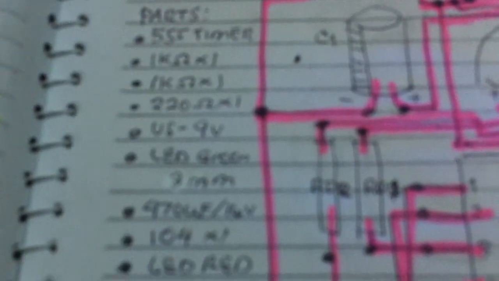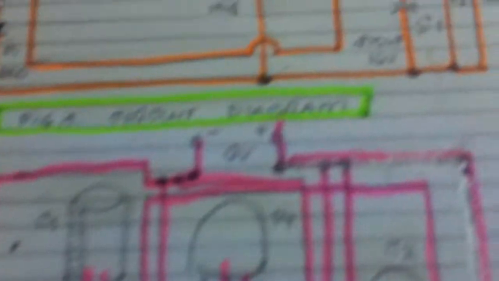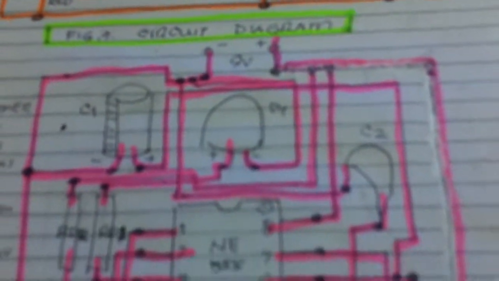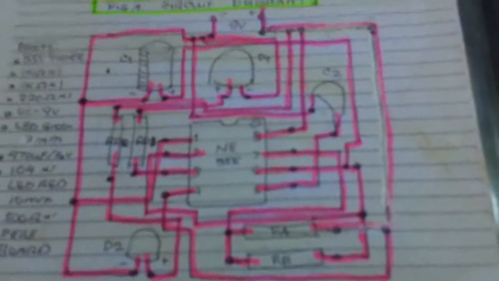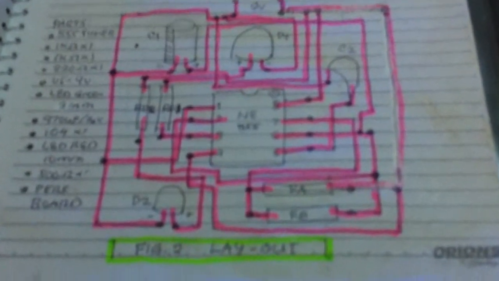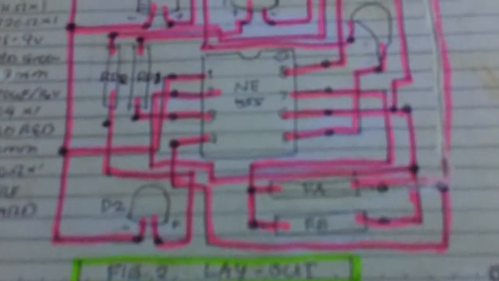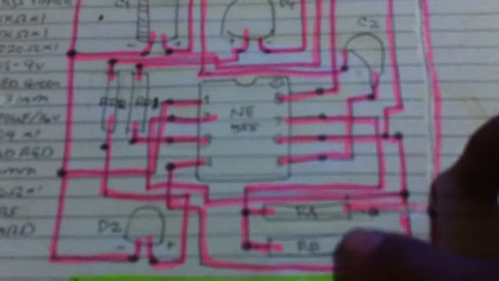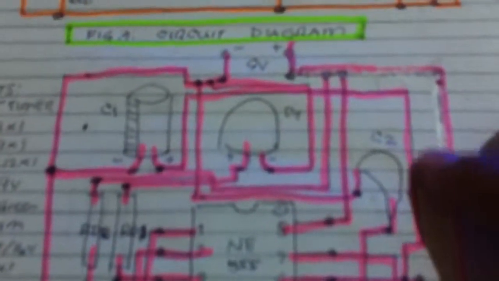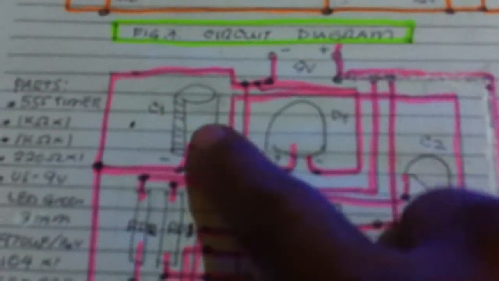These are the parts, LED, 104, perf board, and we have a layout here. This is the layout. And the timer here, the two capacitors, the big one, that one, and the LED here.